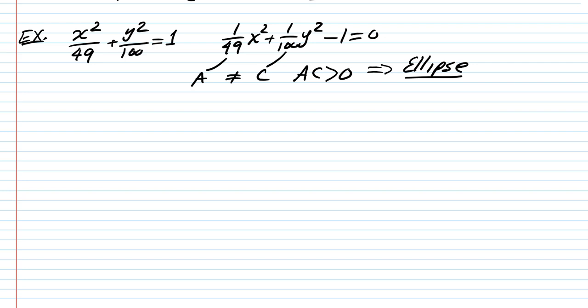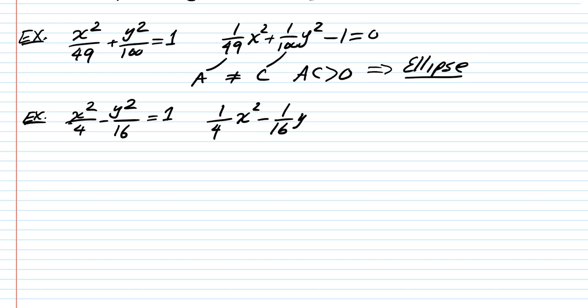Okay, let's take a look at another one. Another example. Let's say this one, I have x squared over 4 minus y squared over 16 equal 1. You probably recognize these because we graphed them. This is a hyperbola, but let's go through the motions. I can write this as 1/4 of x squared negative 1/16 y squared equal 1.